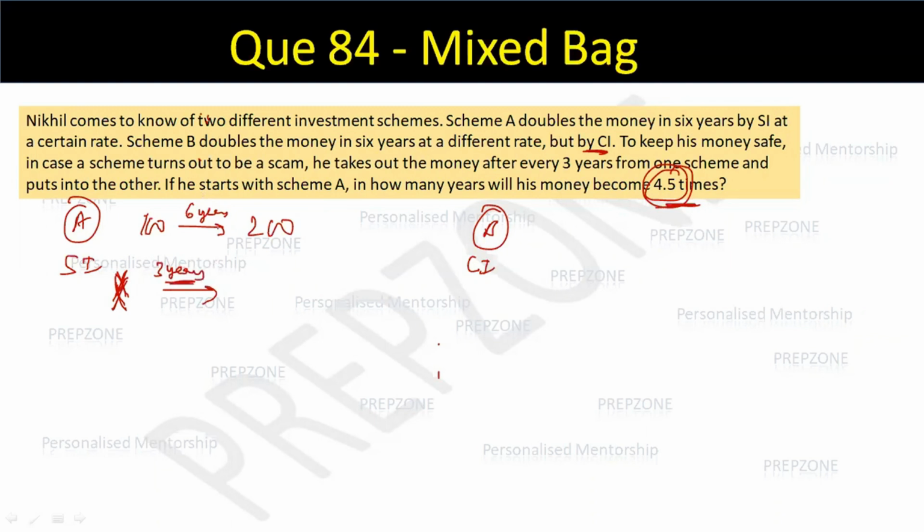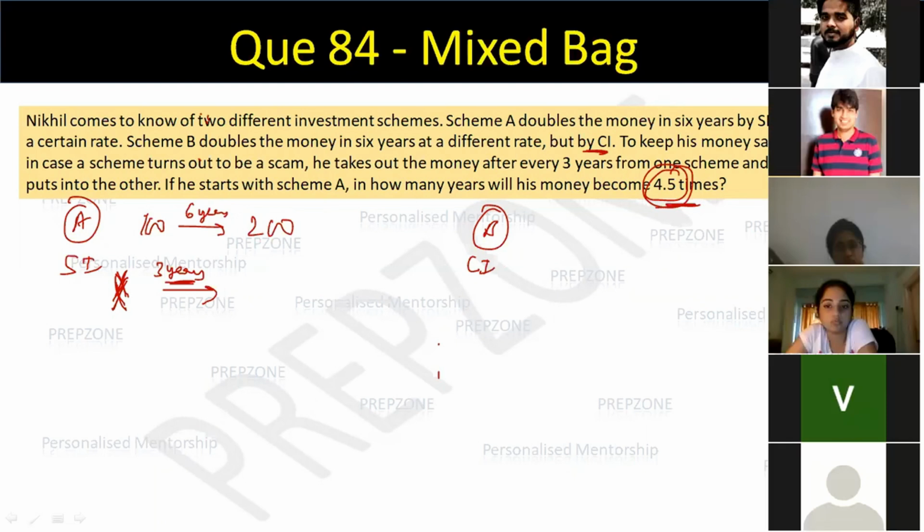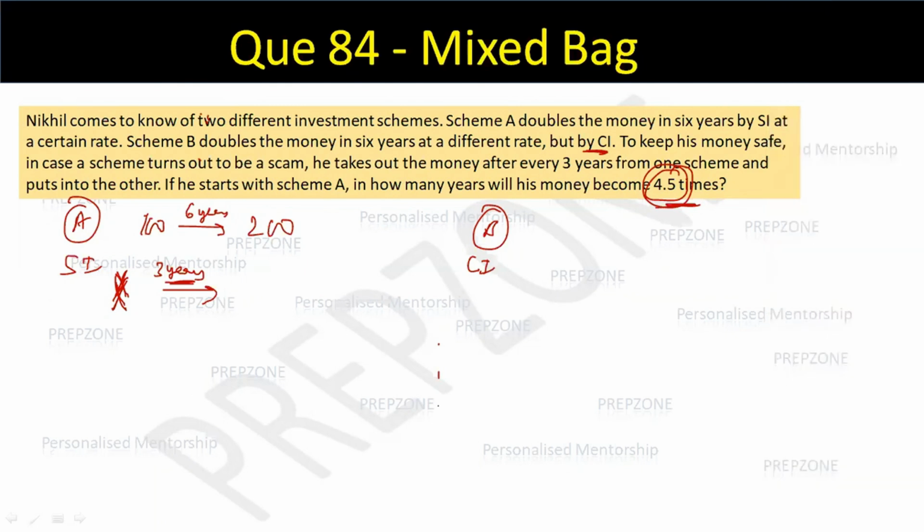So it is given that in 6 years the money doubles by simple interest. If by simple interest the money gets doubled in 6 years, what would the amount move to after 3 years? If it doubles in 6 years, what will happen in 3 years? Just think. If it's happening by simple interest, it becomes 3/2, which is 1.5 times. Why?